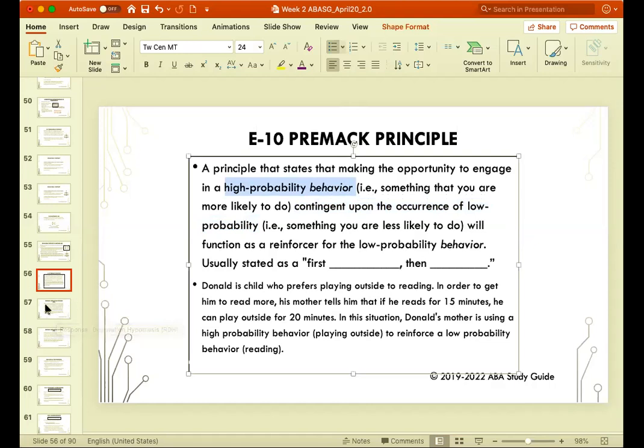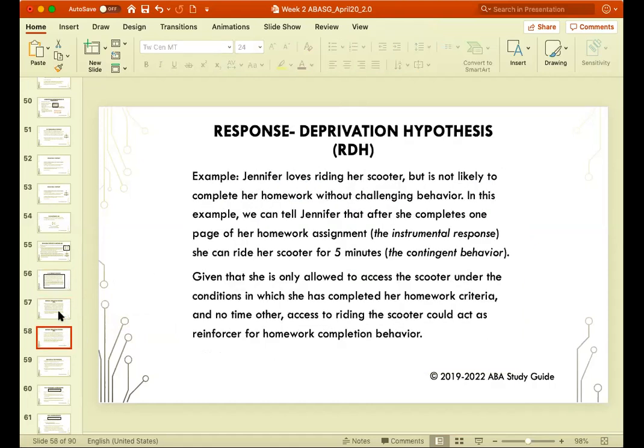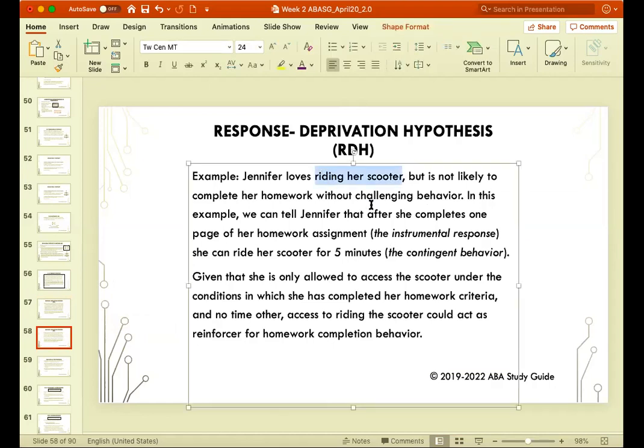Deprivation is always restricting. Yes, response deprivation hypothesis has to do with restricting. You need to make sure, for it to be effective, that you restrict it. In this case, Jennifer riding the scooter is the contingent behavior.